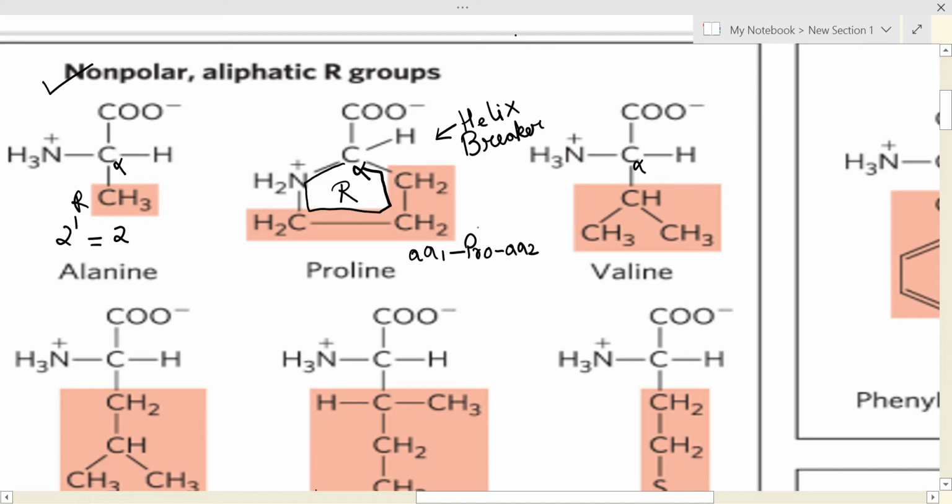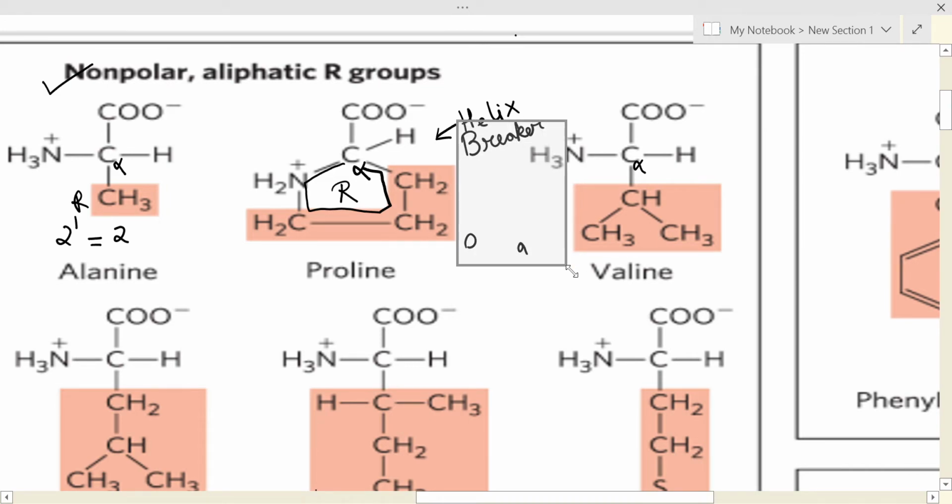So proline will not allow alpha helix formation, and this is also chiral. This alpha carbon is chiral in nature. So let me tell you one thing. Out of 20 amino acid, only glycine amino acid is the achiral amino acid.